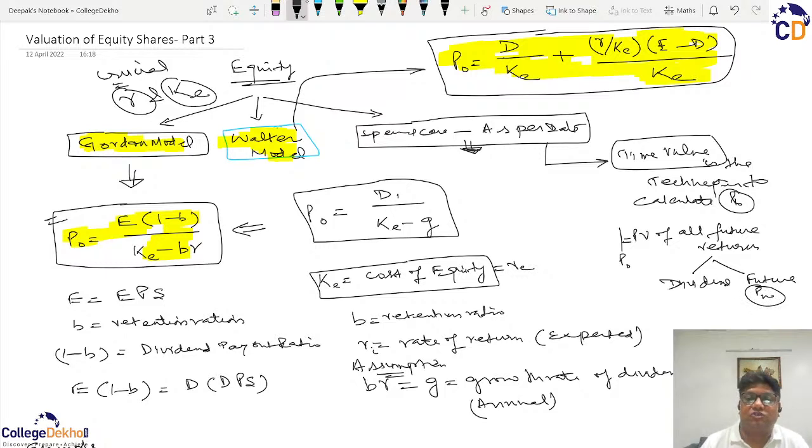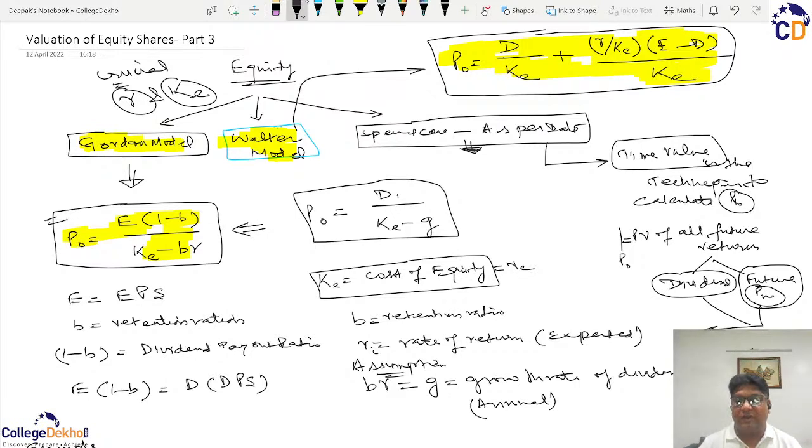So if some question provides data where the future expected dividends are given and the future expected price of the equity is given, then the overall present value as per the expected rate of return, that is the total present value of all expected dividends and future market price, will be calculated as per the expected rate of return.